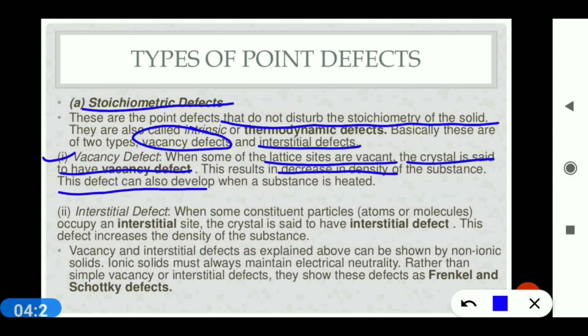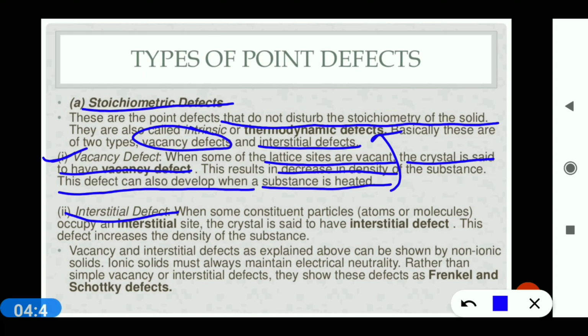This defect can also develop when the substance is heated, and this is the reason why they are also known as the thermodynamic defects. Interstitial defect occurs in the non-ionic compound. Vacancy defect is also present in the non-ionic compound.